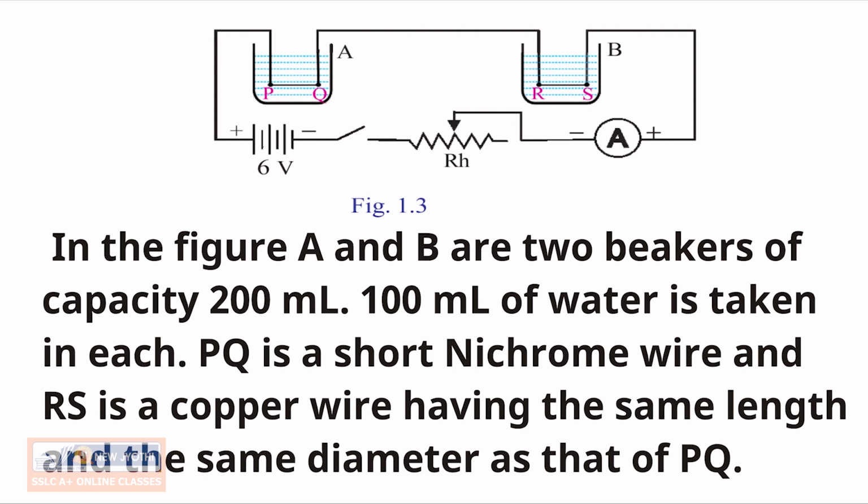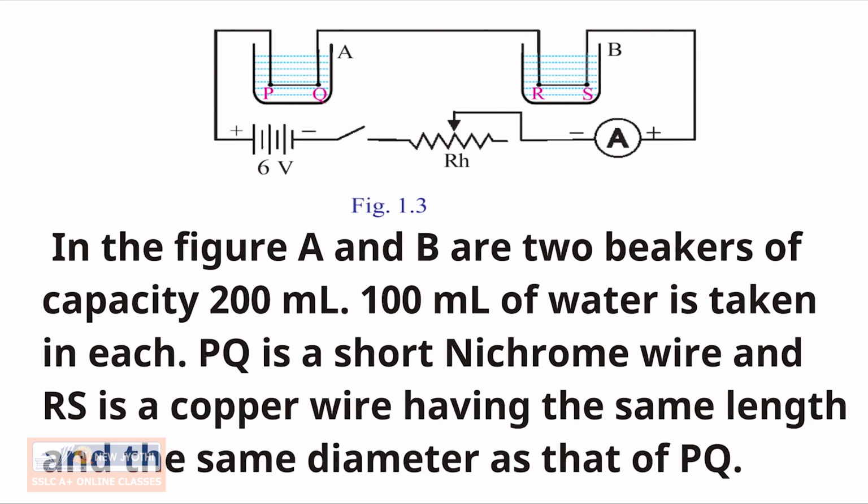When current is passed through it, before applying current, measure the temperature of each beaker. They will be same. Both the thermometers will show the same temperature. Again switch on the circuit and measure the temperature of water in each. We can see that the temperature of water in each is different.